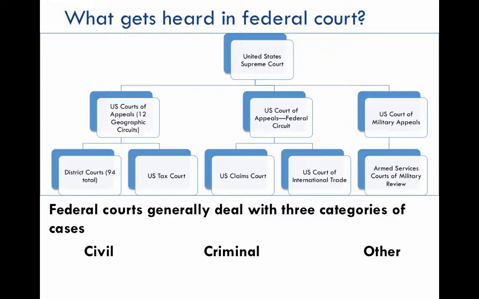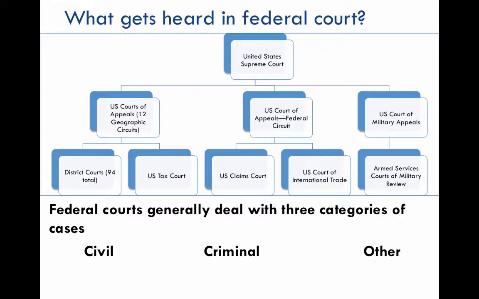And then I have this kind of other category because there are other cases that don't fall neatly into those categories. Things like bankruptcy, trade infringement, patent and trademark infringement, military tribunals, etc. Those have their own special courts. So if you're looking at this hierarchy here, what you see at the bottom is all of the entry-level courts. On the one side, you see the district courts.